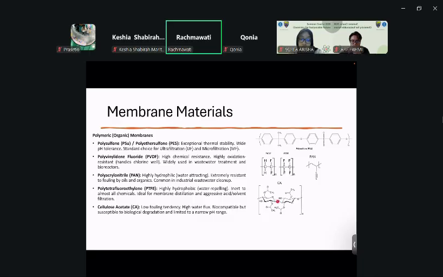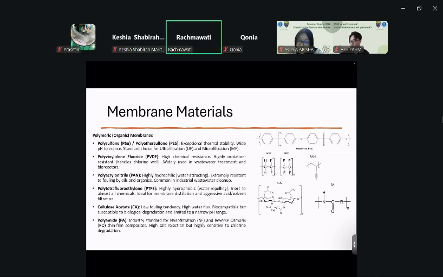You have glycosidic linkage or alkoxy linkage, and if there are some microbes or fungi, they can break down this linkage, then you're not having a working membrane anymore. It's also limited to a narrow pH range, which is not suitable if you have feed water with a very high or low pH.